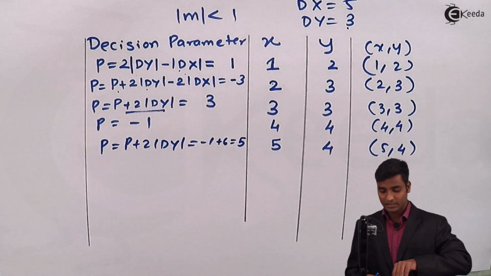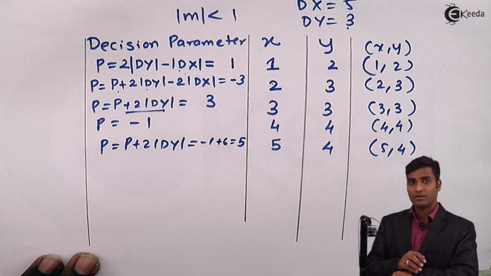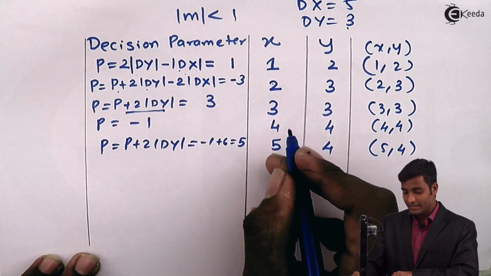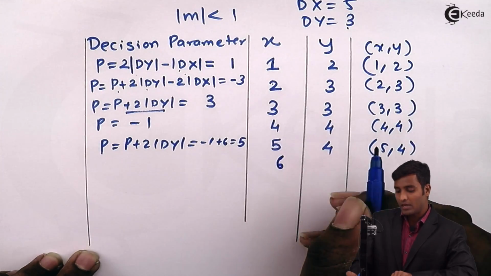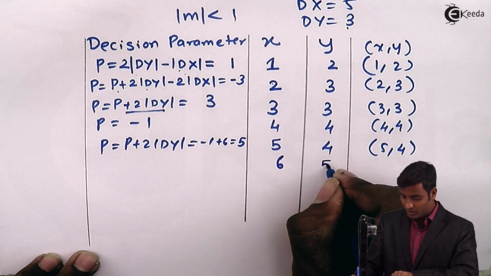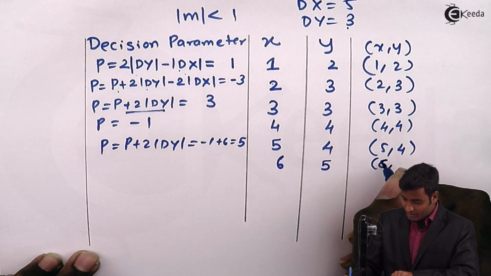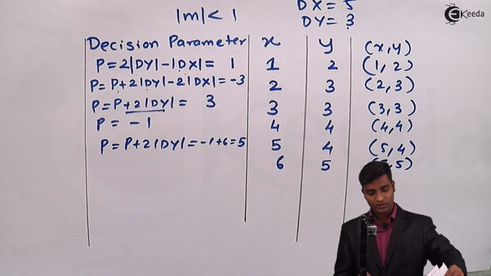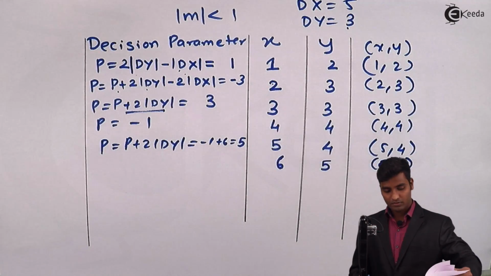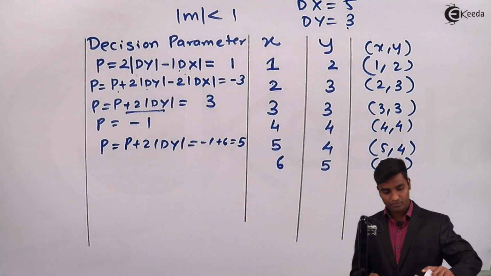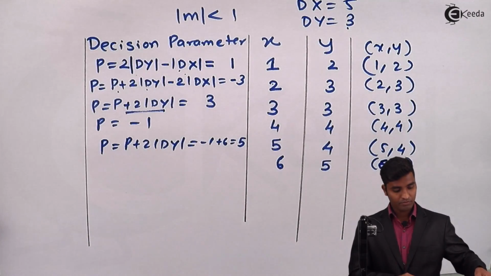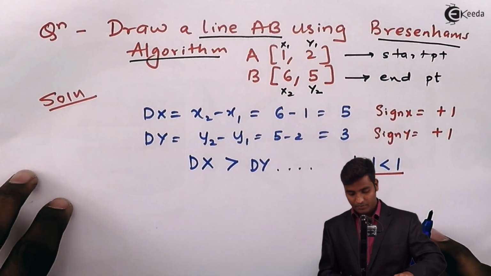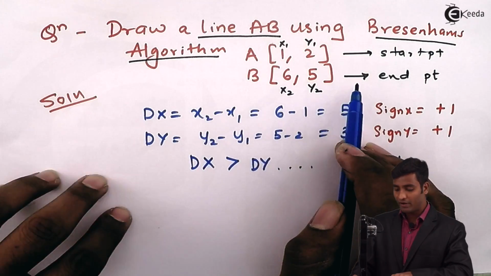So for the descent parameter greater than 0, both values of x and y change, that is x will become 5 plus 1, that is 6, and y will become 4 plus 1, that is 5. So the coordinates will become 6 comma 5. So you can see the ending point is 6 comma 5.